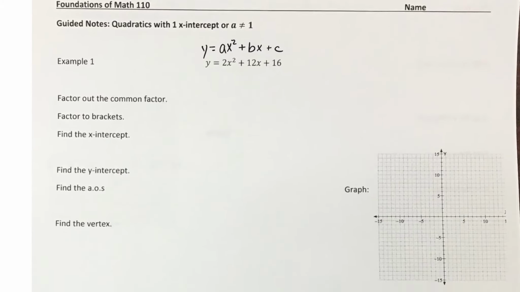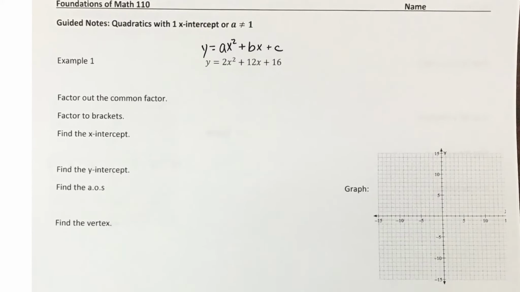So the first thing we're going to do is factor out the common factor. Now the common factor is hopefully the a value. It's not always common, but for right now it will be. What I mean by that is you can divide 2 by 2, 12 divides by 2, and 16 divides by 2.